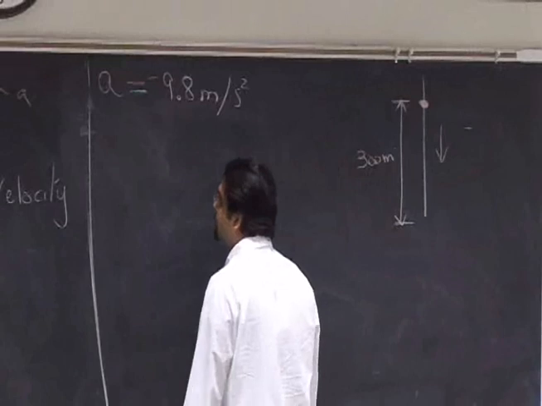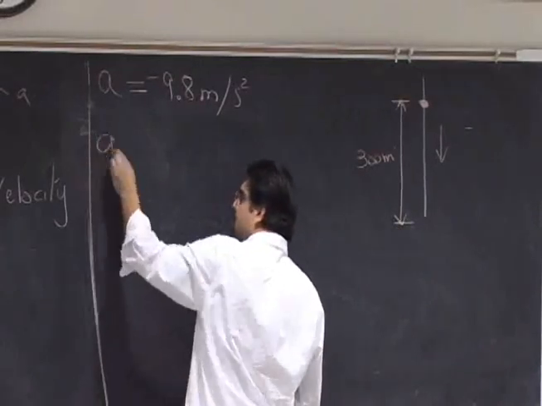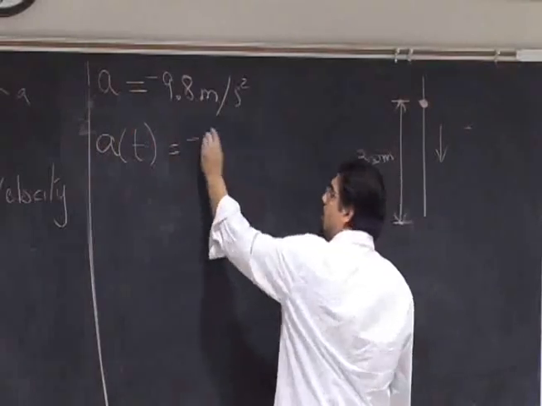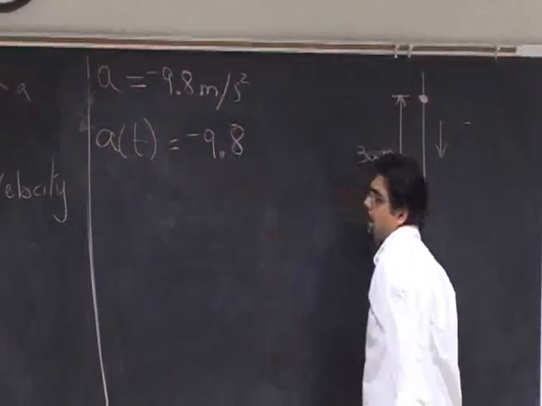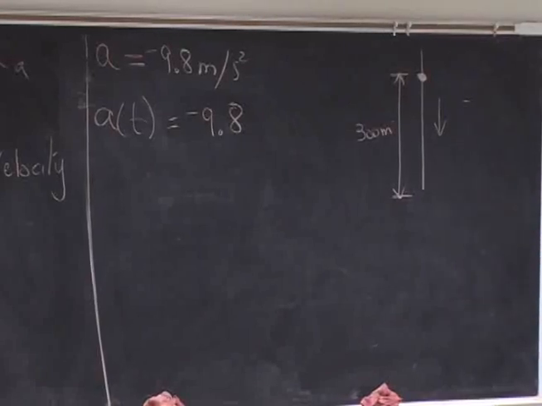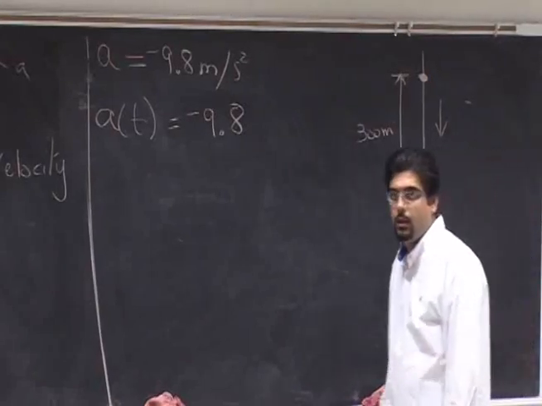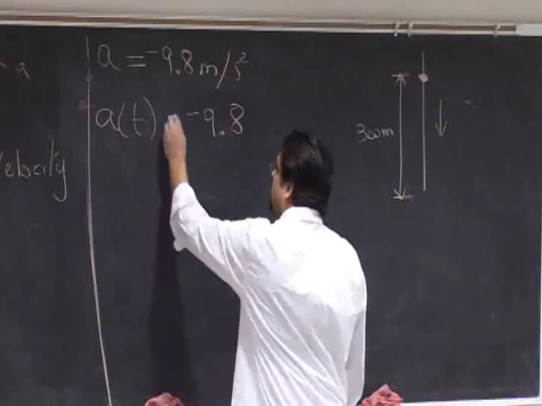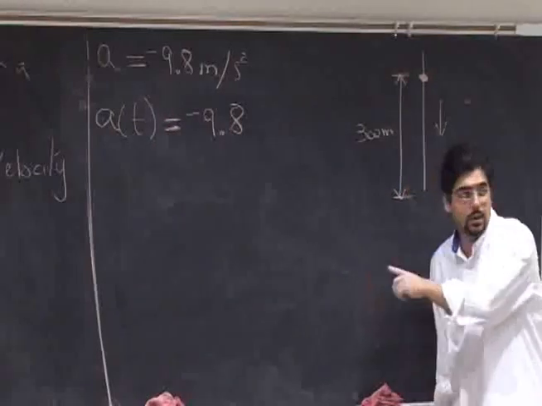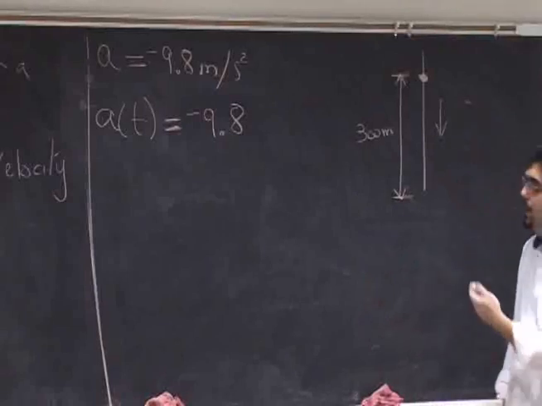Now, A is a function of time. As time goes on, the acceleration is negative 9.8. But it's a special function. What type of function is it? Acceleration. It's a constant function, right? Acceleration is just negative 9.8.